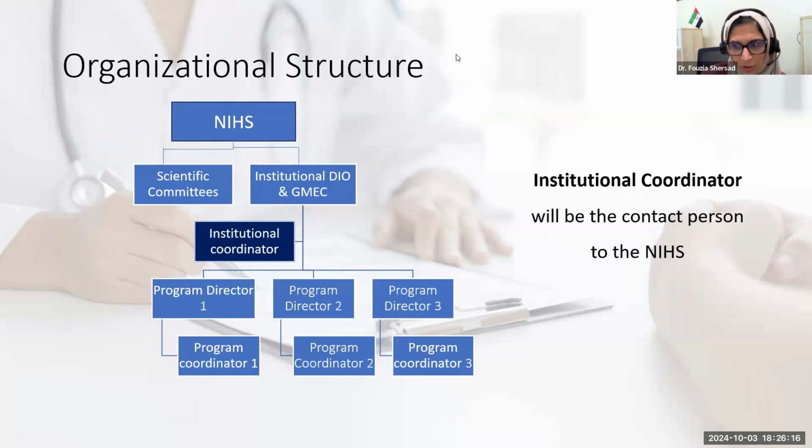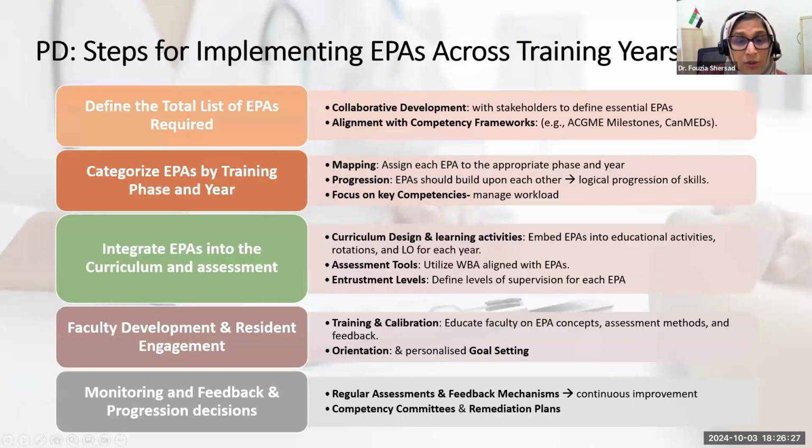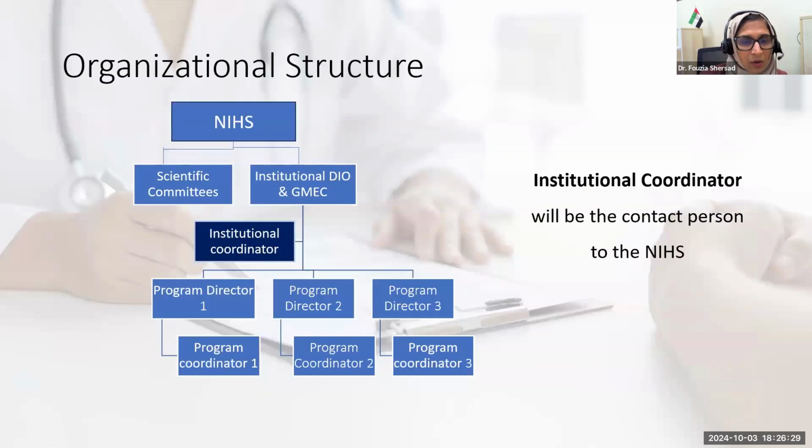As I told you before, the trainees include interns, residents, and fellows. This is the one point which I wanted to tell you. The institutional coordinator is the contact person with the NIHS. So if anybody has anything to be communicated to the NIHS, it would be the institutional coordinator that you have to go to.